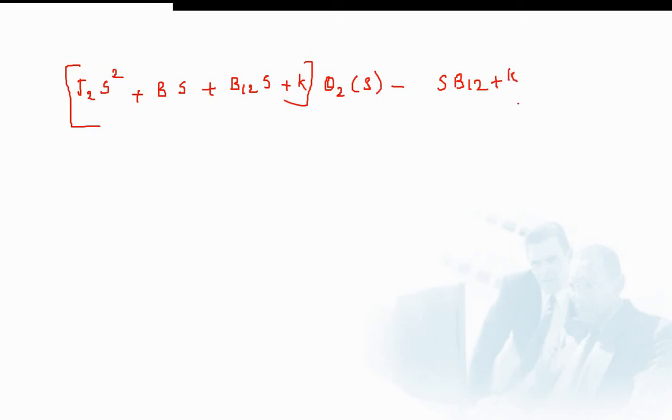Now if we take the Laplace transform and arrange the terms of theta 1 and theta 2 common, we can write the equation as (J2 s square plus Bs plus B12 s plus k) into theta 2 of s minus (s into B12 plus k) into theta 1 of s, which is equal to 0.